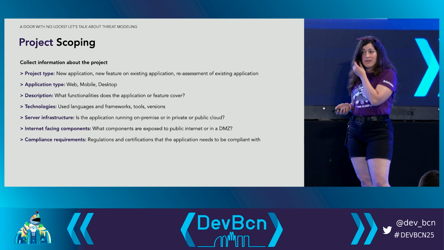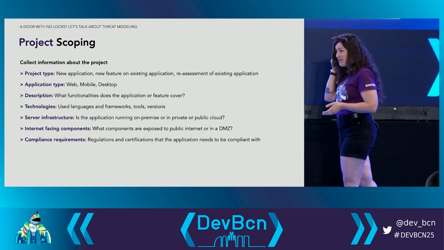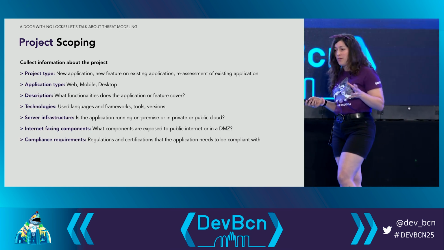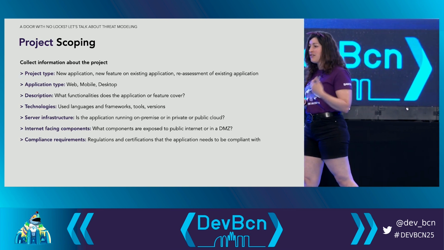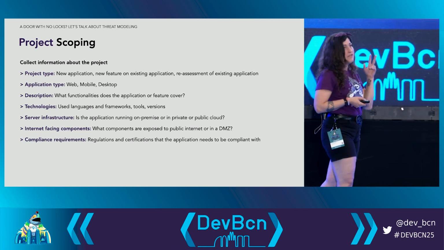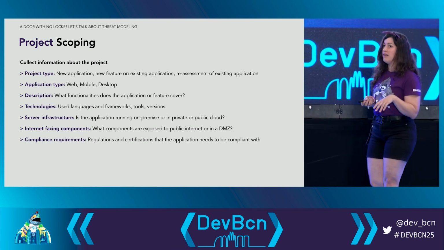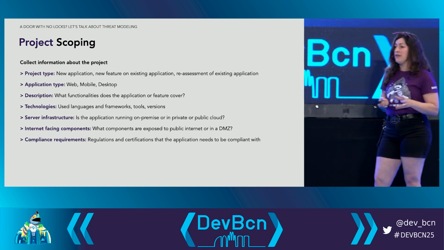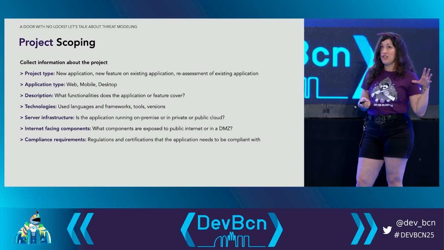Compliance requirements. We have regulations. Every business has regulations. Here in Europe, we have the GDPR. Financial institutions have DORA. Then we have NIS2, which is an international one. And the European Union just issued the CRA, which is the Cyber Resilience Act.